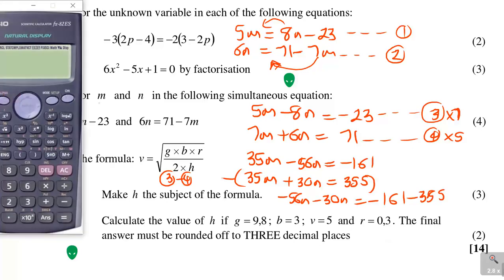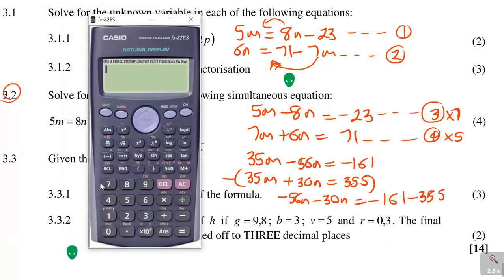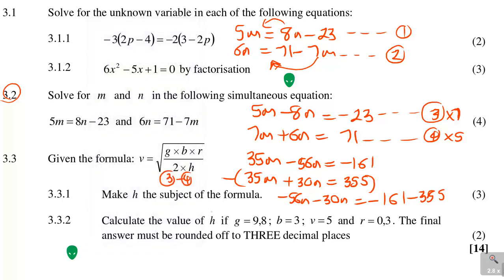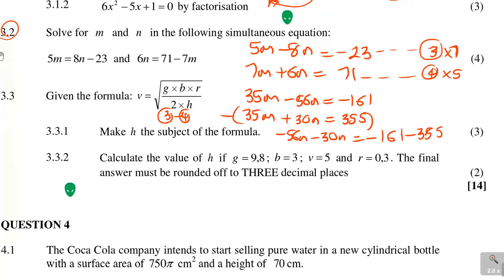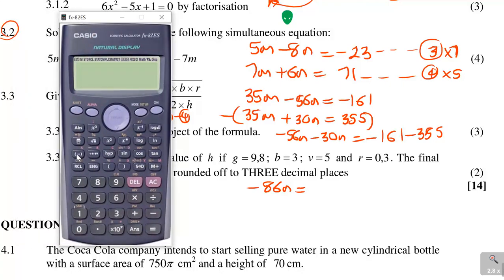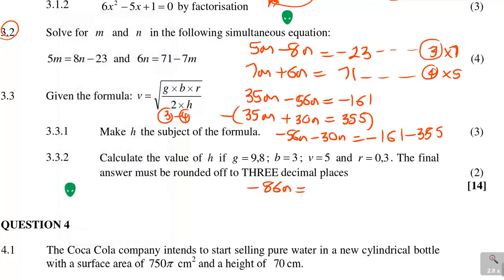So minus 56 minus 30 will give me minus 86n. So I've got minus 86n is equal to, I do the same thing on the right hand side, minus 161 minus 355. I'm getting minus 516.